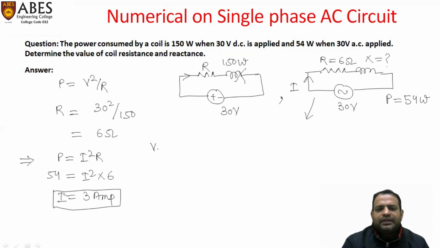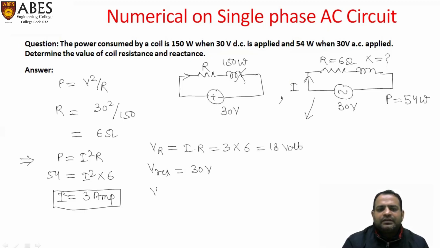Now, can we calculate the voltage across the resistance? VR is I into R. I is 3, resistance is 6, so that is 18 volt. And we know the resultant voltage, which is 30 volt.